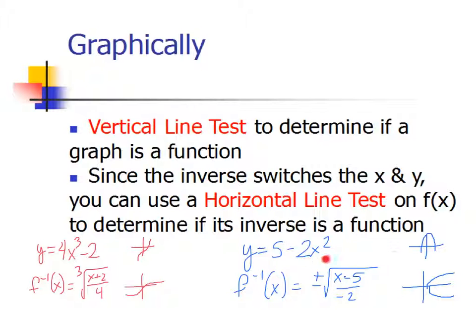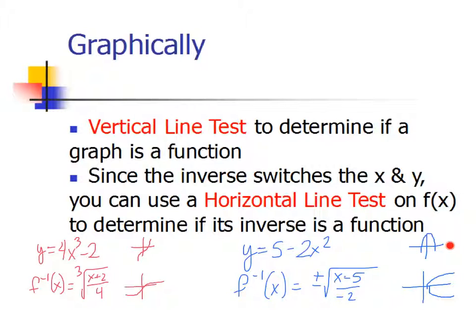Okay, let's go to the second problem. You would look at this and pretend you haven't found the inverse yet, and you'd say, oh wait, this is just going to be a parabola. Yeah, it's upside down. It's moved around a little bit. But a parabola passes a vertical line test, so I know that it's going to be a function. And then I would say, will its inverse be a function? So I'm going to do a horizontal line test. And I'm going to say, oh, wait a second, that is not going to pass a horizontal line test.